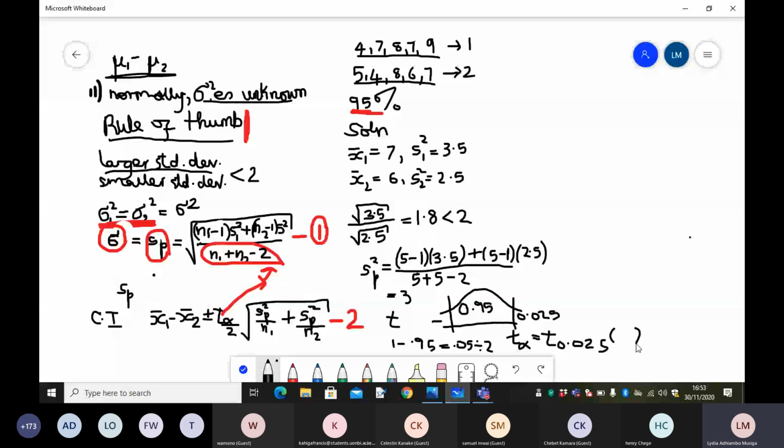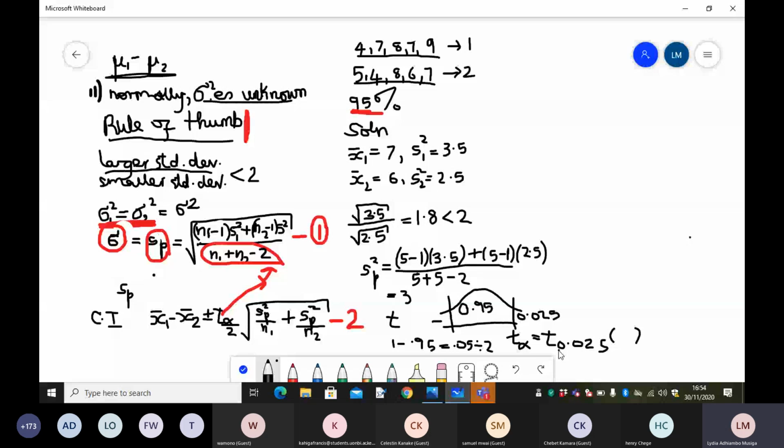So what you realize, okay, there is a comment, but before I look at it, let me just finish this sentence because I'll forget. Now, what you realize is that whenever we are doing our calculations, before we usually go to the table, whether it is normal, T, F, or whatever, first of all, we usually do some calculations here so that we know what we are going to look for once we get to the table. So like now you can see we are looking for the level of significance.